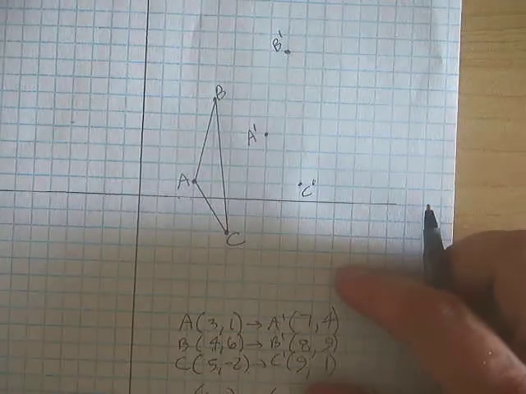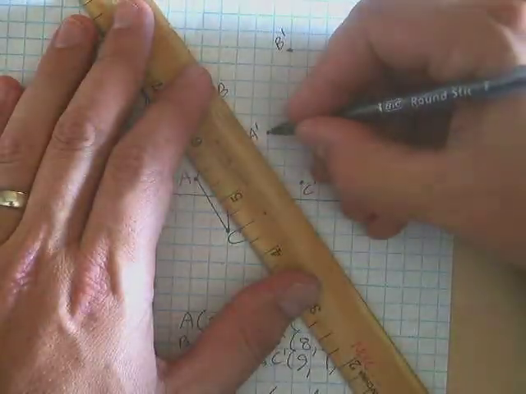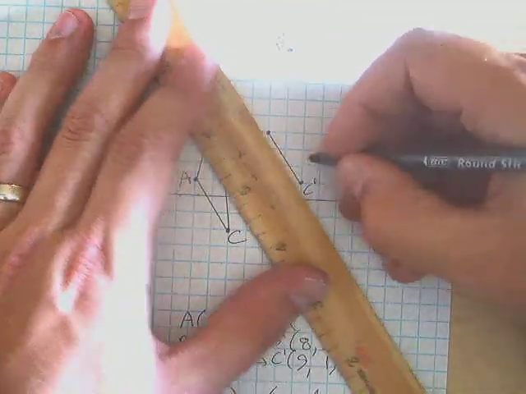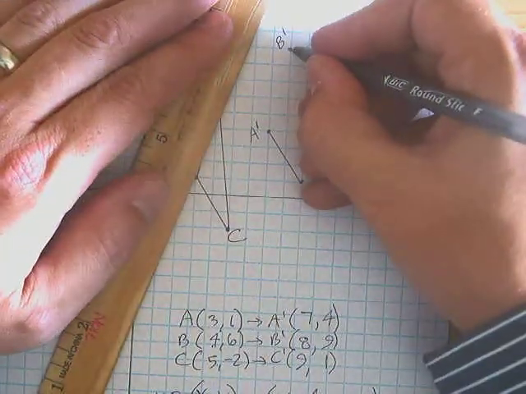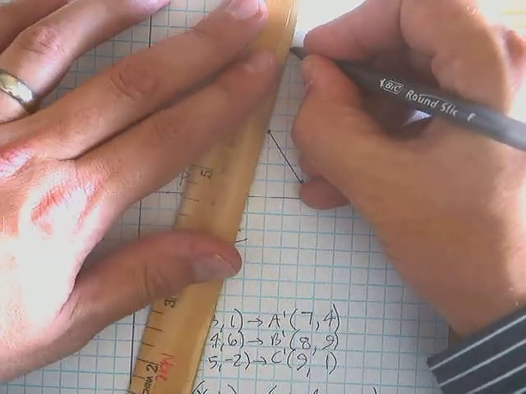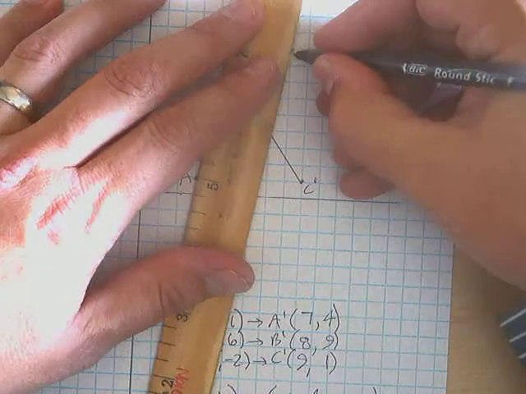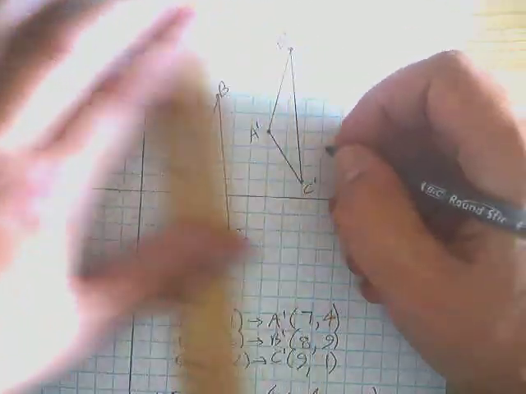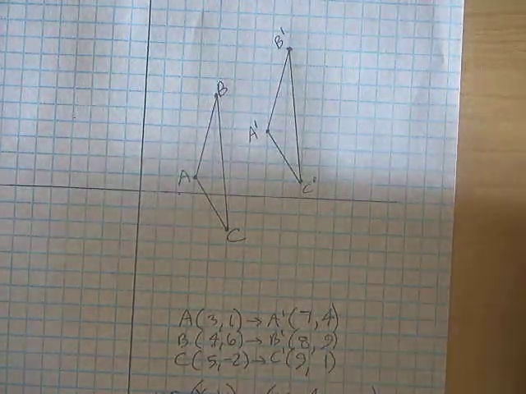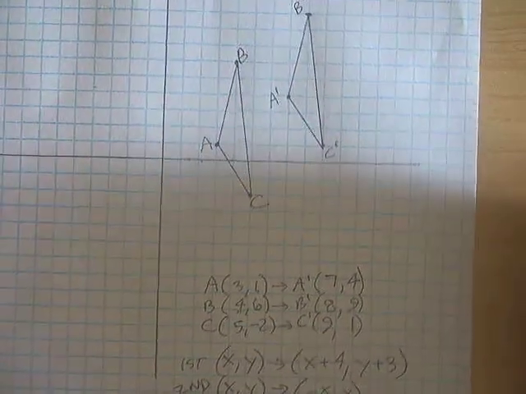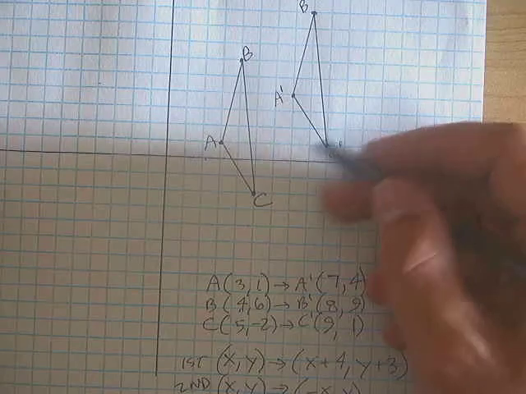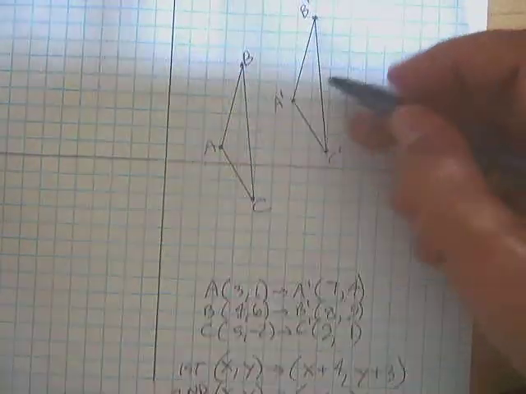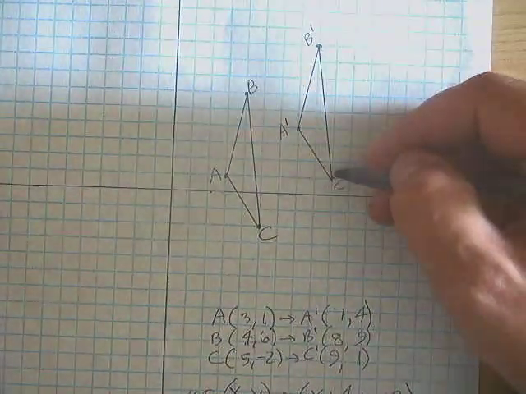C prime is going to be (9, 1). And I'm going to connect that. Okay, so that's our first step.